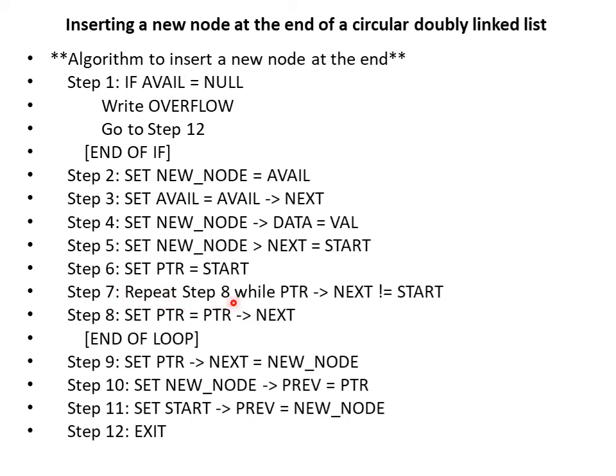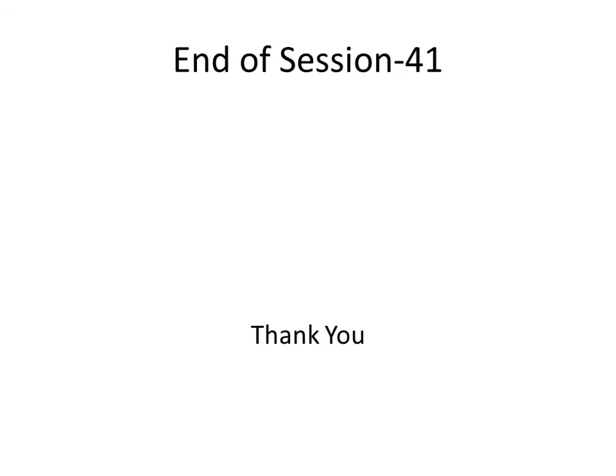Repeat step 8 while pointer of next is not equal to start. That means until the condition is met, it will keep looping. When it is true, then pointer of next equals the new node, then new node prev equals pointer, then at last I make start prev equal to the new node, then exit. Thank you.